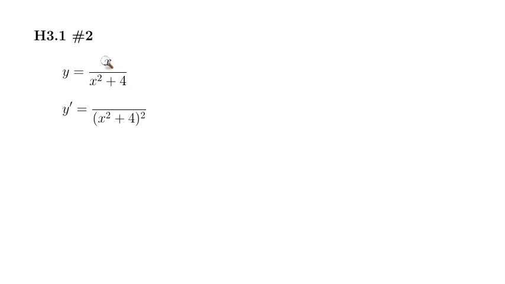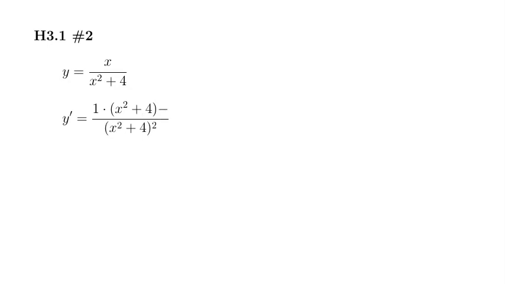If you take the derivative of the top, which is x, it's 1, so I'm going to put the 1 there, multiplied by the denominator, which is x squared plus 4. So I'm going to put that in. And then minus, so we put the negative sign there.